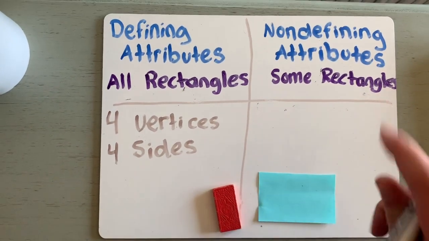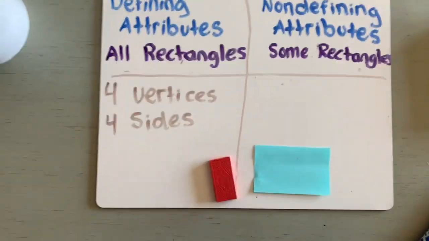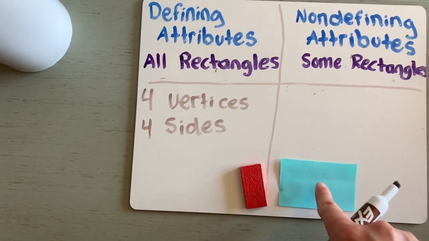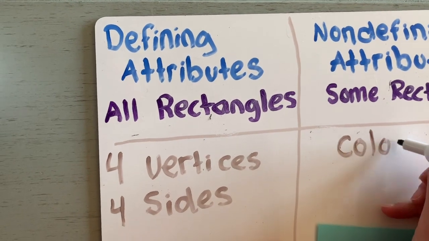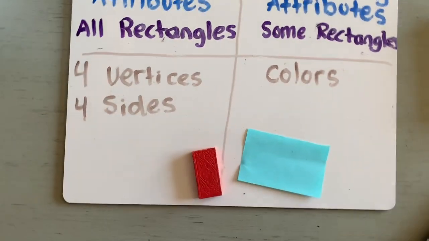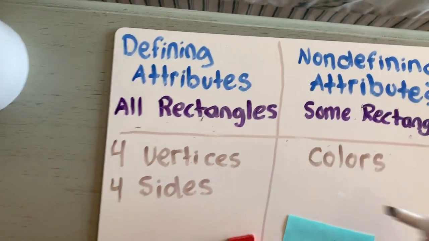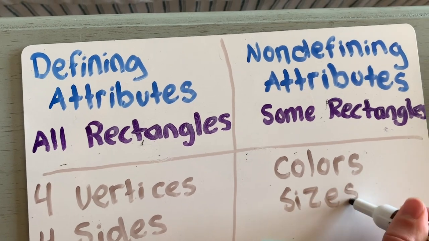Now let's look at some things that are non-defining attributes, so things that make rectangles different from other rectangles. This one's blue and this one's red. Like the triangles, we can write that the colors can be different. They can also have different sizes, big and small.